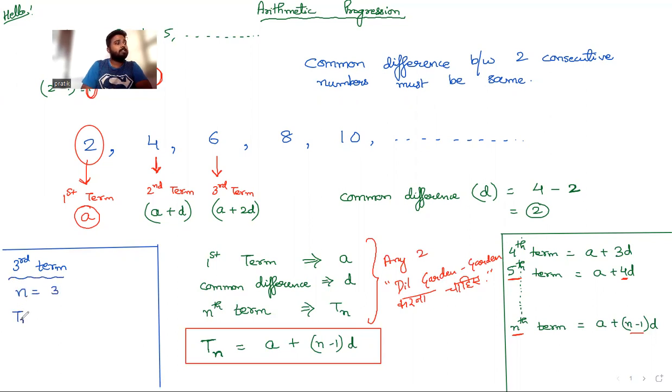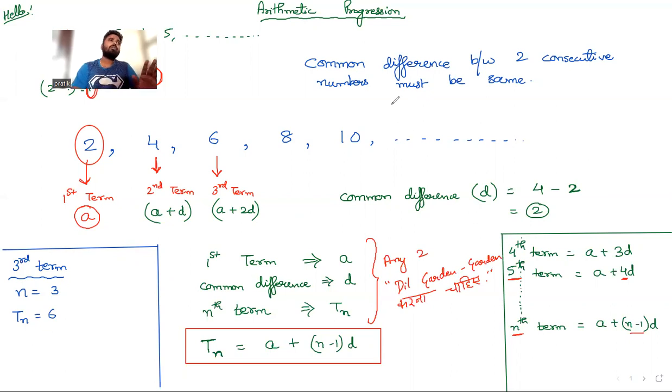But what is Tn? Tn will be 6. You got my point? N is whichever term that we're speaking about, but the value of that term is basically Tn. So n is basically the position of a certain number, and Tn is the value of that number, whichever position we are speaking about.